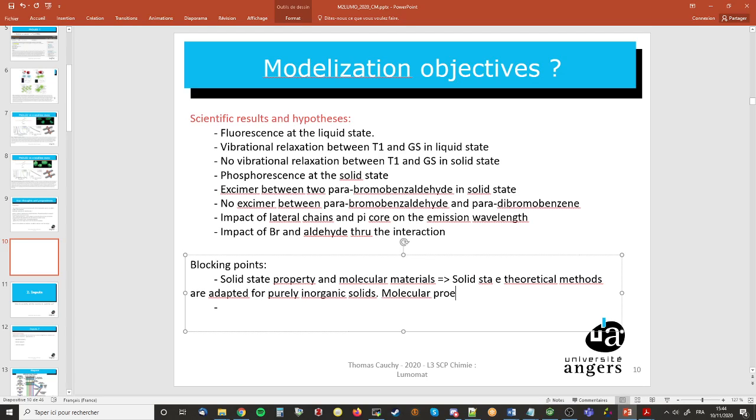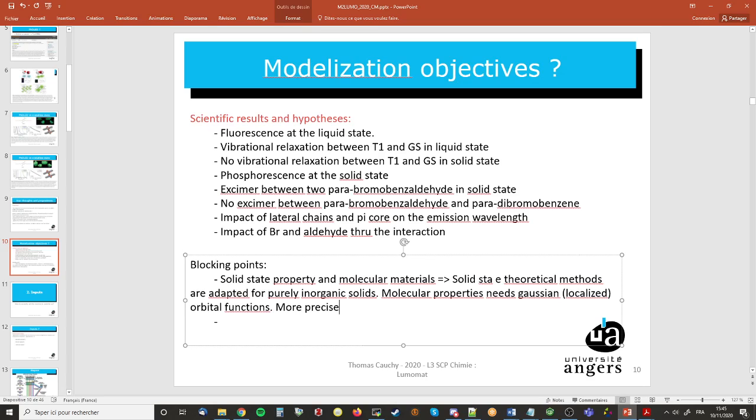Molecular properties need Gaussian localized orbital functions. That means atomic functions, and they are more precise.